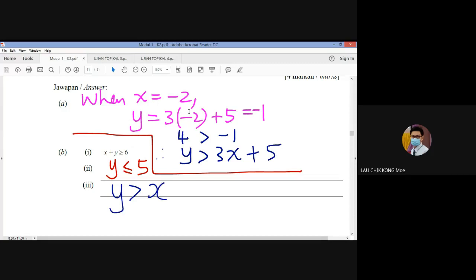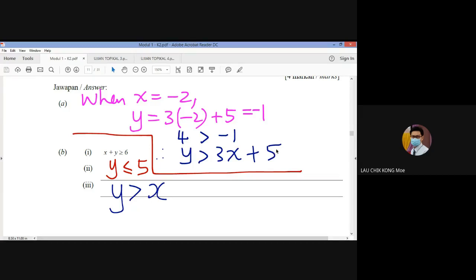So you substitute x equals to negative 2, 3 times negative 2 plus 5, you will get negative 1. But actually in the coordinate negative 2, 4, the y is 4, is it? 4 is greater than negative 1, you found, right? So actually the point negative 2, 4 satisfies y greater than 3x plus 5. So the answer is y greater than 3x plus 5.